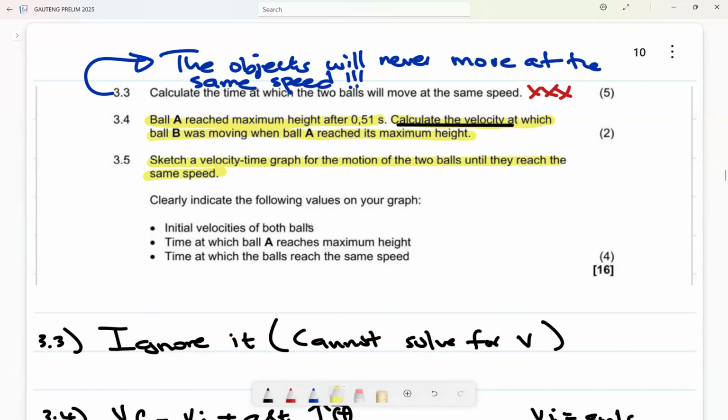Well, they did not necessarily reach the same speed, but let's see what we're supposed to indicate. Indicate the initial velocity of both balls, the time at which ball A reaches the maximum height, and the time at which the balls reach the same speed.